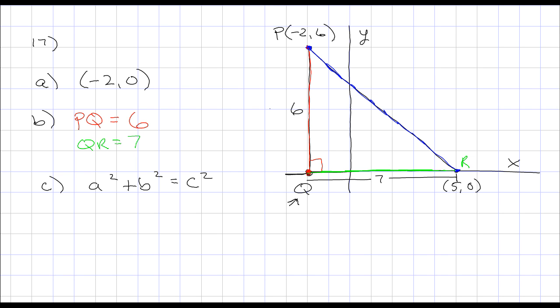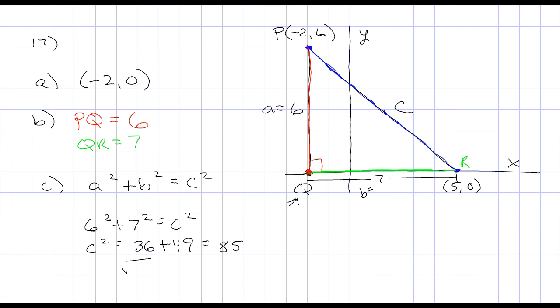So let A equal 6, B equals 7, and we're looking for C. So 6 squared plus 7 squared is equal to C squared. C squared is equal to 36 plus 49, which is equal to 85. Square rooting both sides, C is equal to square root of 85.